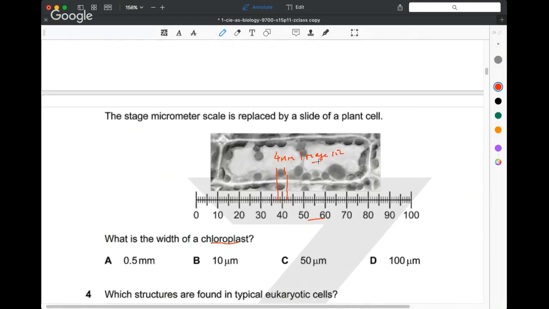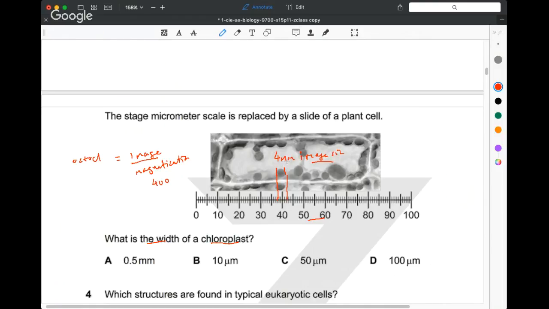And so to get from the image size to the actual size, again, you've got to use your equation that the actual size is equal to the image size divided by the magnification. Now, the magnification, if you remember from last time, was 400.